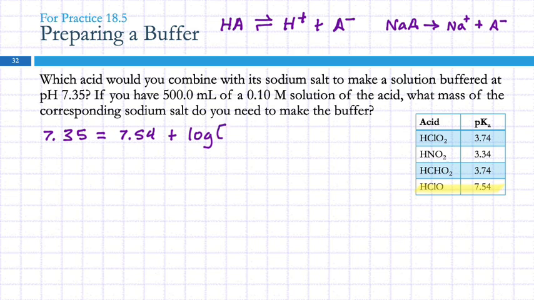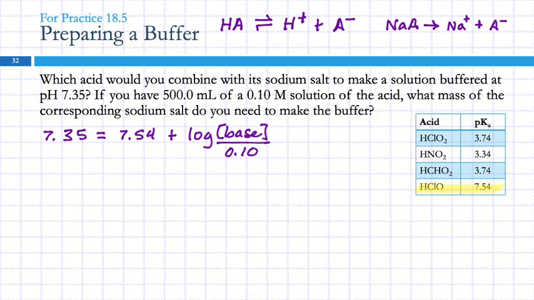Well, the base concentration is what we're trying to figure out, divided by the acid concentration. What's the acid concentration? It's 0.10. They told us that. Okay? So we've been using this equation, but now we're going to use it in a different way.